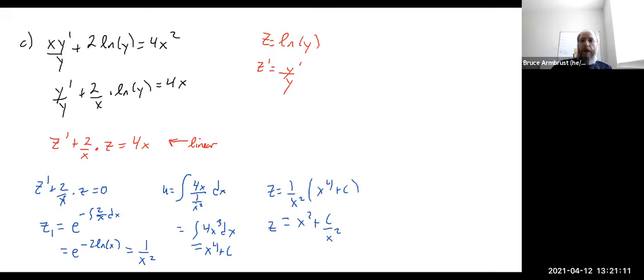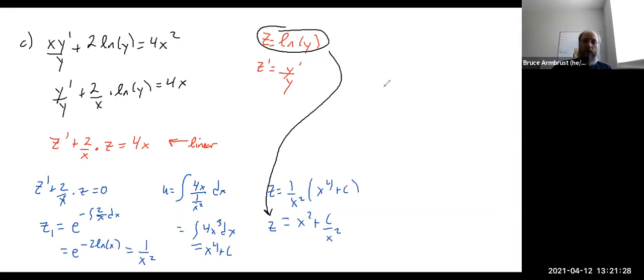All right, so we were able to solve that linear piece without too much trouble. But that's not the y, right? We actually need to know the y. Well, that's where we're going to use this. We know what z equals. z is the natural log of y.